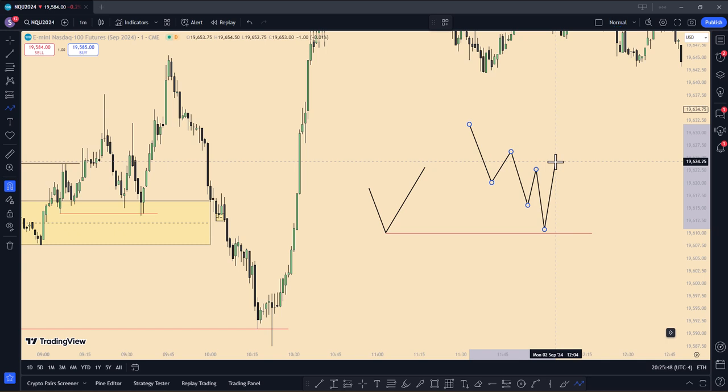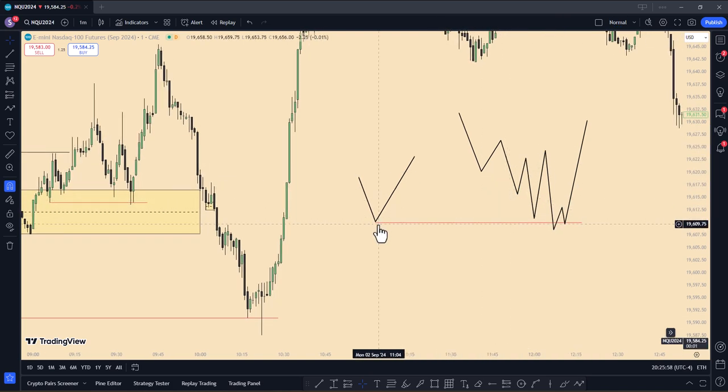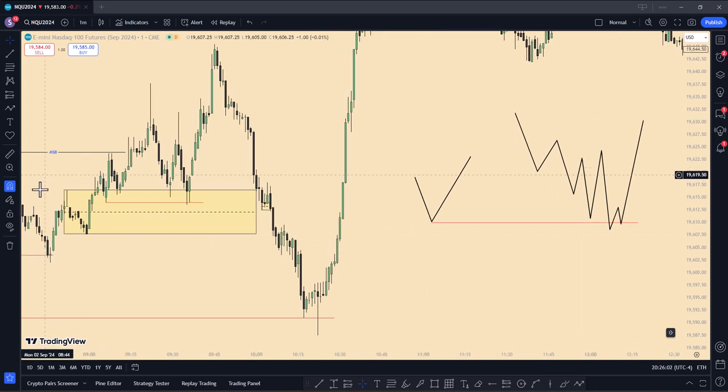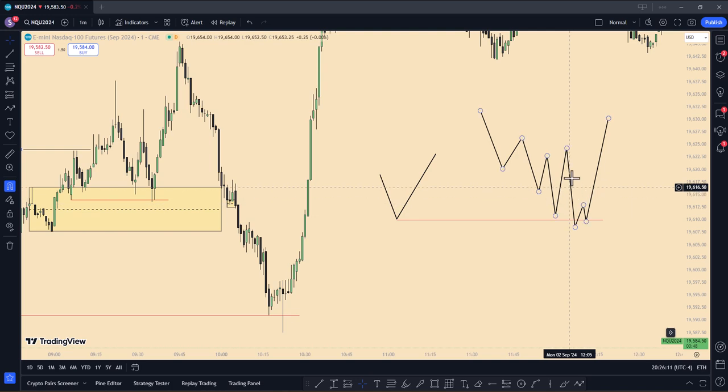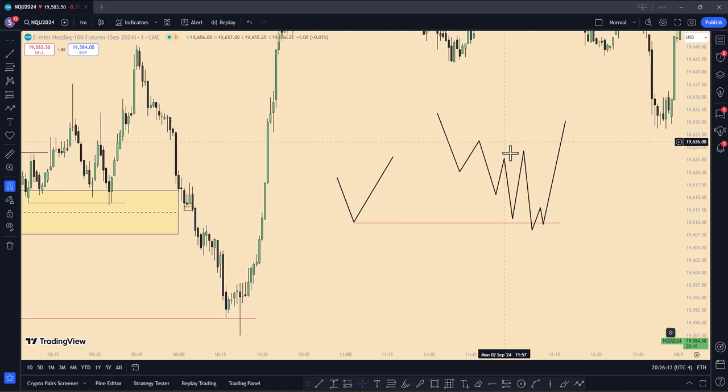80% of the time, price will come back to it, liquidate it, and then give you that entry that you are looking for, right? So your best shot is when price liquidates this low right here inside the zone, right, for better probabilities of rejection. So don't get caught in this right here. This can be the pullback into this zone, right?